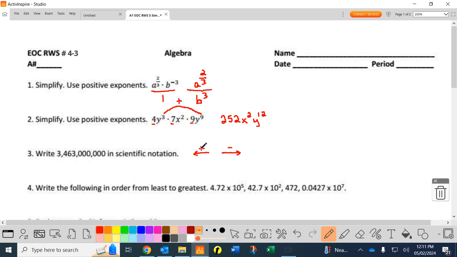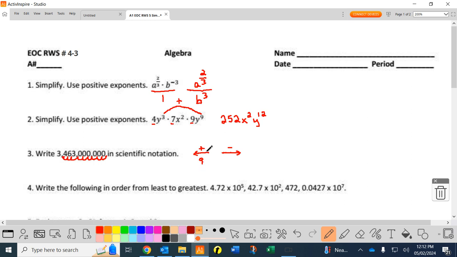Okay, so here's your decimal place at the end of this number. To go to scientific notation, you'd have to go 1, 2, 3, 4, 5, 6, 7, 8, 9 places, and we're going 9 places to the left. So we're going to need an exponent of 9 on our base 10 as our scientific notation, and it's going to be a positive number.